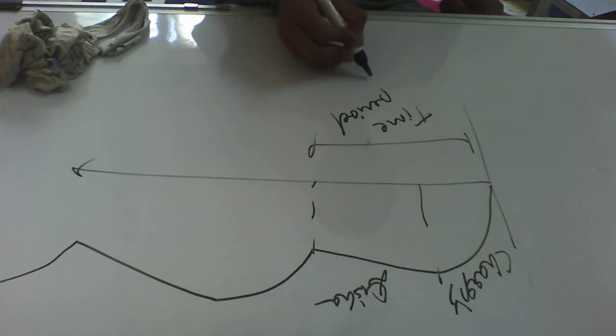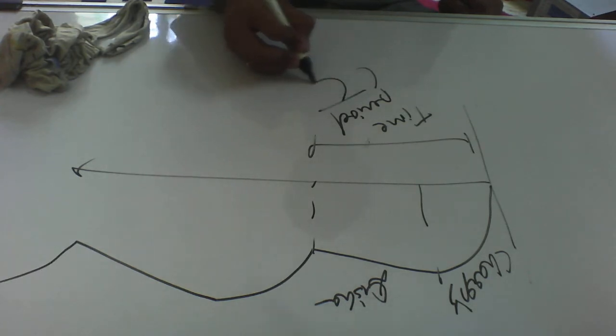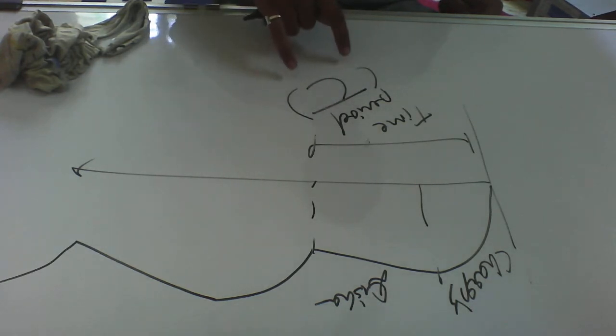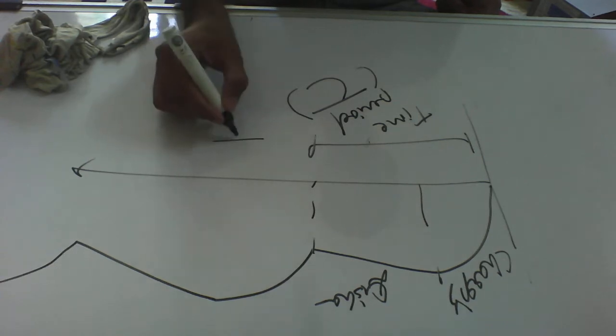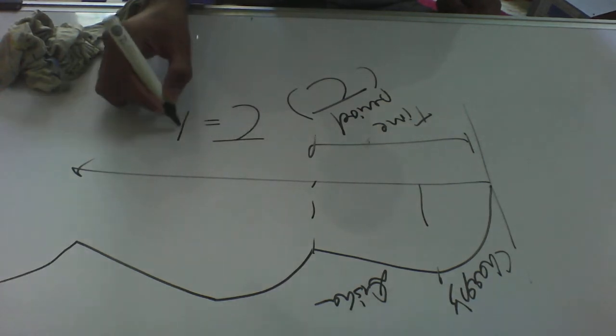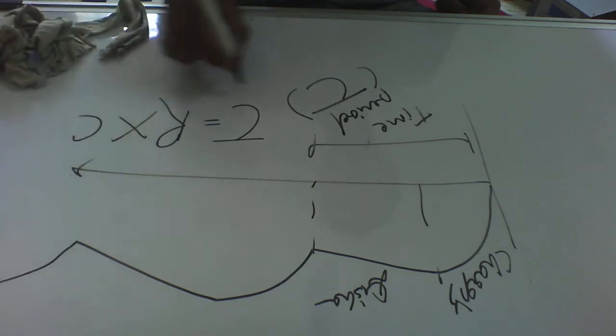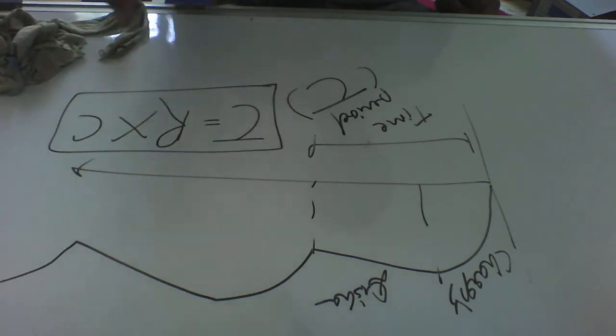The time period of charging or discharging is denoted by the letter tau. This is called tau, that is the RC time constant, the charging and discharging time constant, that is tau is written as R into C, RC time constant.